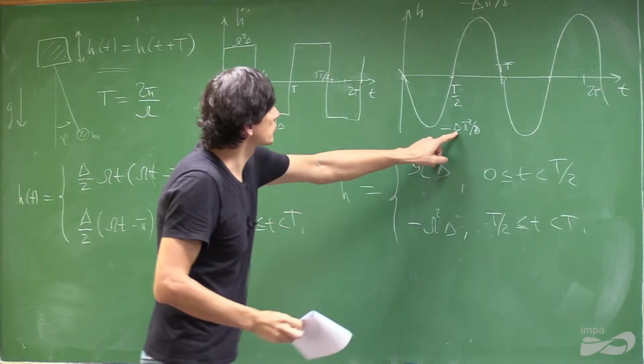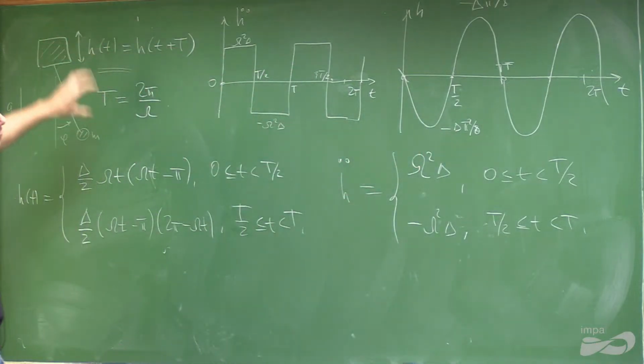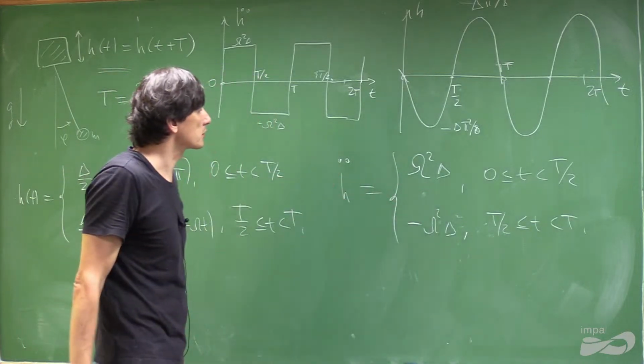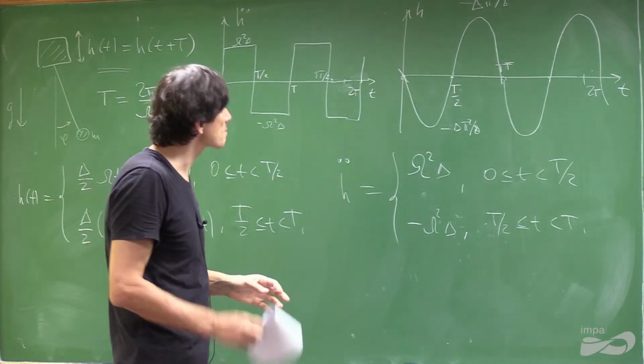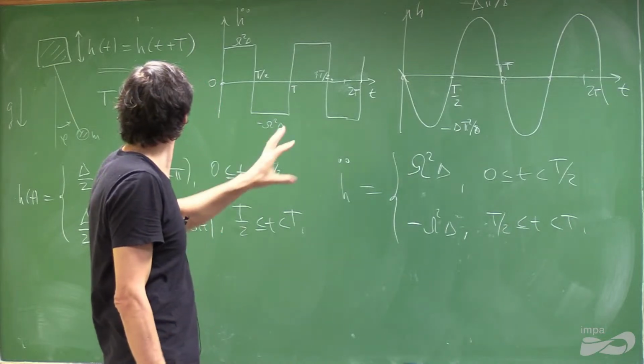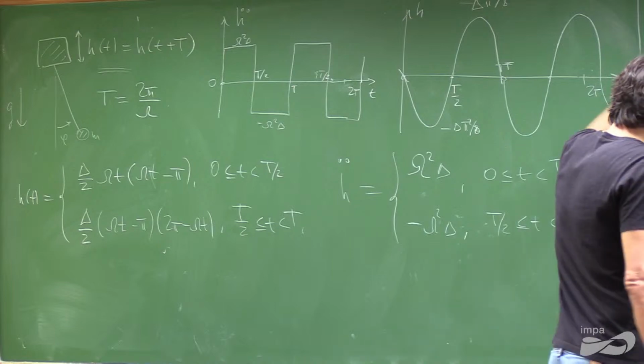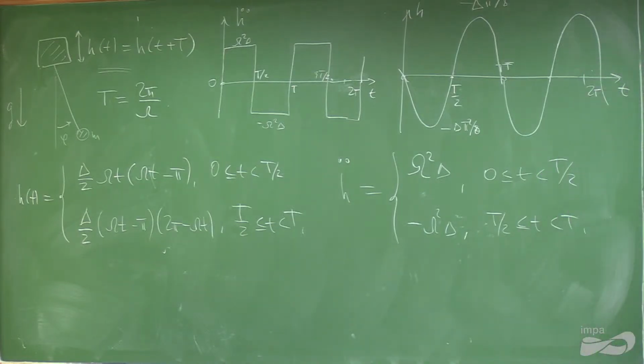So delta is essentially the amplitude of oscillations, and omega squared delta is the amplitude of acceleration. So that's the system that we want to study now analytically. And we will write the equations of motion, and then we continue next time.